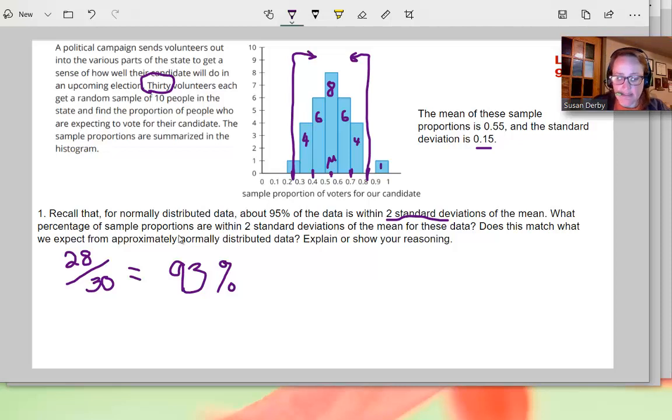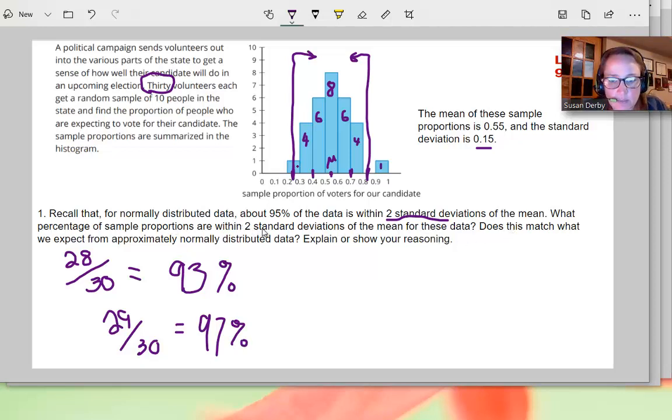If it was 29 up here, so if I did have 29, because I don't know that unknown data point there at the end, if this one did end up being like a 0.28 and it fell within 2 standard deviations, then that percentage would be 97% accuracy.